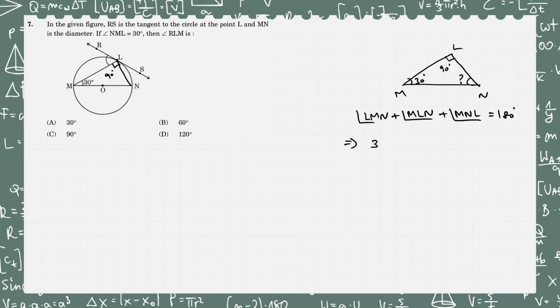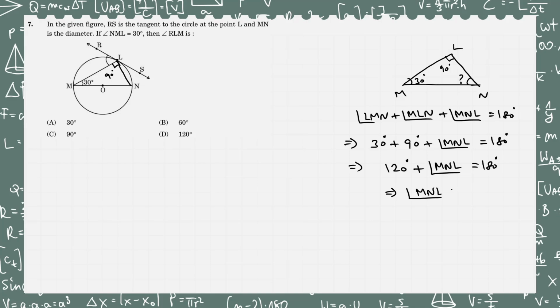That implies 30 degrees plus 90 degrees plus angle at N, all of them add up to 180 degrees. That implies 120 degrees plus angle MNL equal to 180 degrees. That implies angle MNL equals 180 minus 120, which is equal to 60 degrees. So we just got that angle MNL equals 60 degrees.